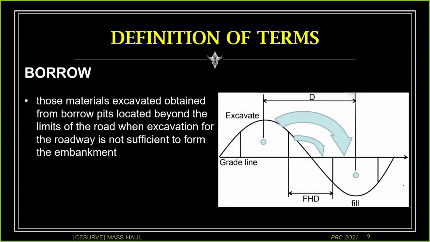On the other hand, since we have no source for this part, we will buy, so we will borrow. Borrow are basically the materials obtained from a borrow pit located beyond the limits of the road when excavation for the roadway is not sufficient to form the embankment. So we look for other borrow pits to supply the lacking part.